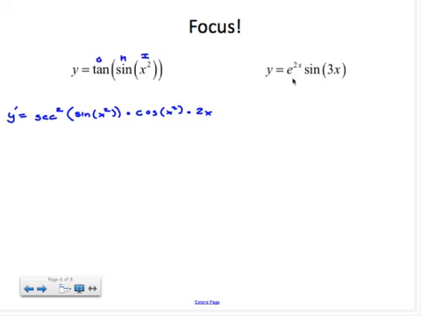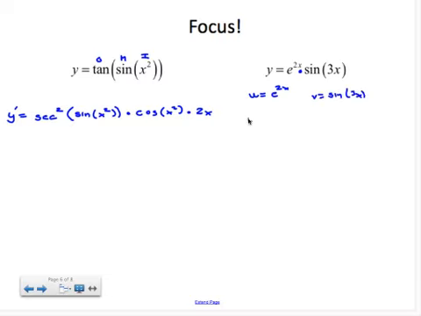Now, in this case, I have to look at the bigger picture here. What's going on here? I have e to the 2x times the sine of 3x. So in the big picture, this is a product. So the product rule is in effect. So let's label my pieces here. My u function is e to the 2x, and my v function is the sine of 3x.